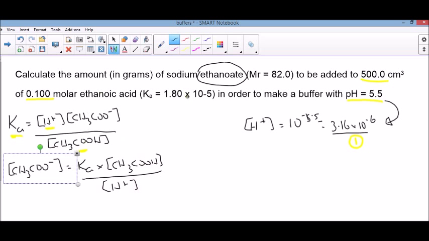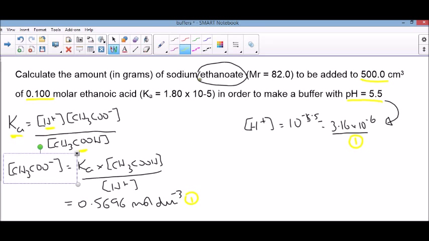All we need to do is put the numbers in from up at the top and calculate that, which will give us 0.5696 moles per decimetre cubed. Okay, so concentration of sodium ethanoate will be 0.5696 moles per decimetre cubed. That will definitely be another mark.